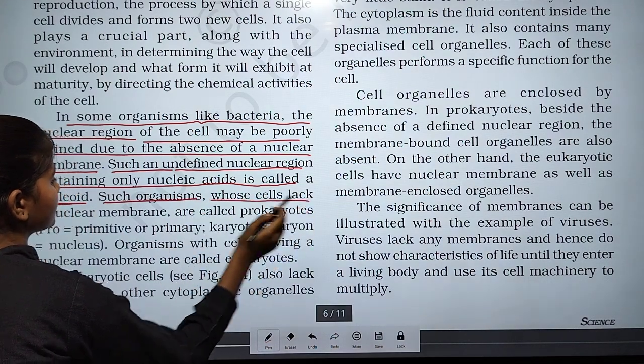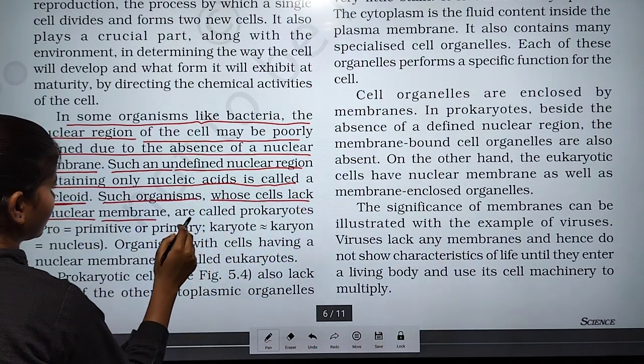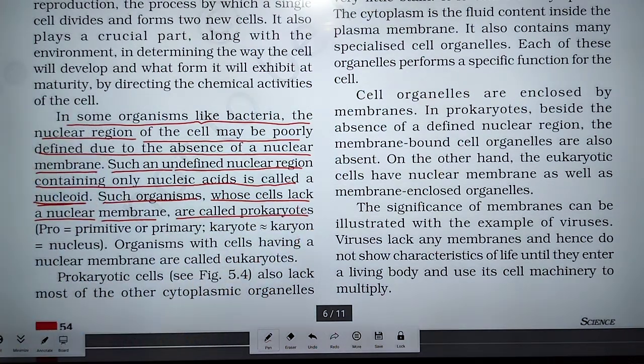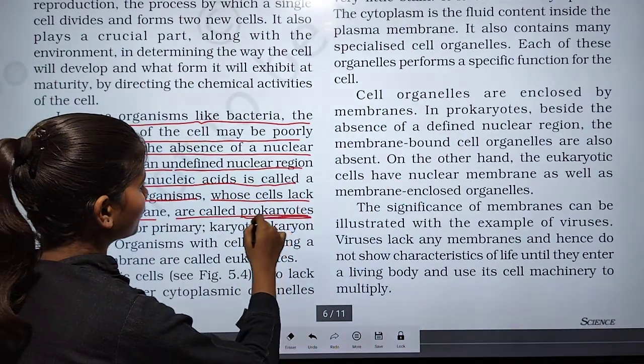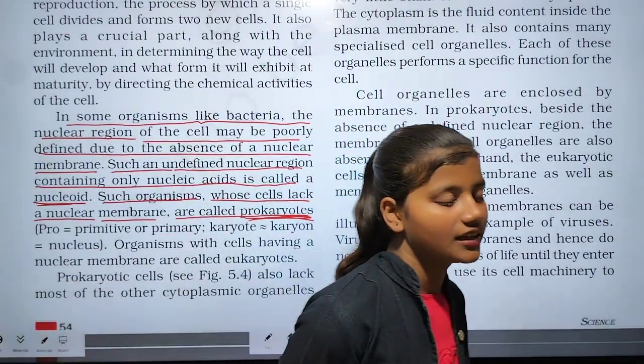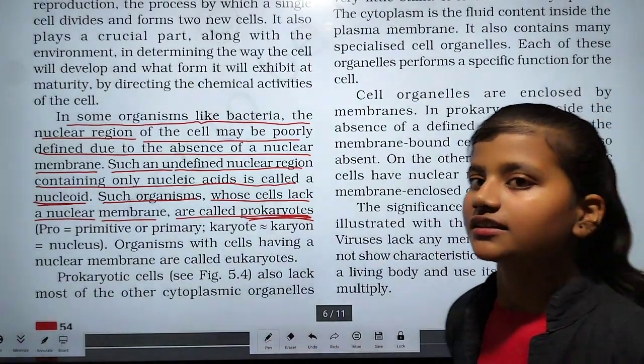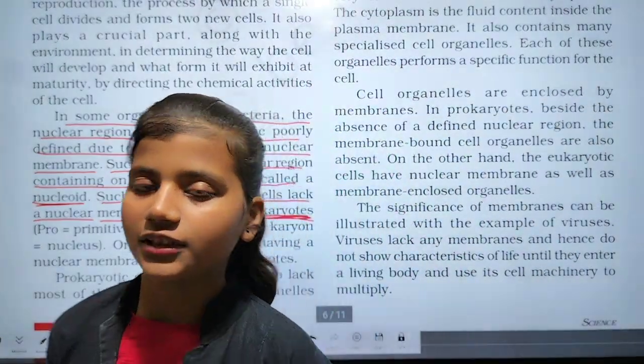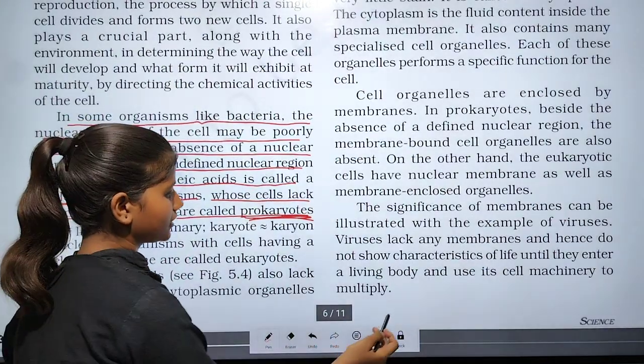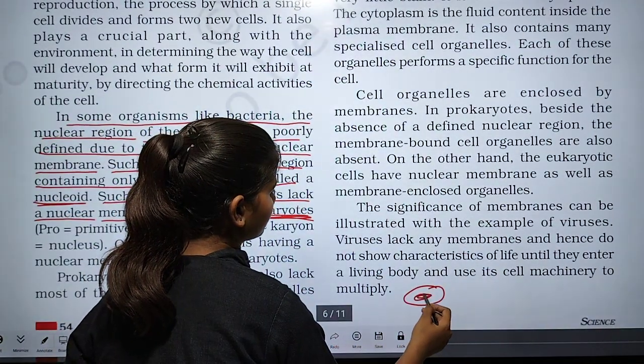Such organisms whose cells lack a nuclear membrane are called prokaryotes, because in a prokaryotic cell the nuclear membrane is lacking. The nucleus is absent, but a nucleus-like nucleoid is present in a prokaryotic cell.